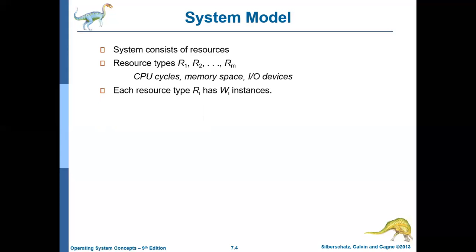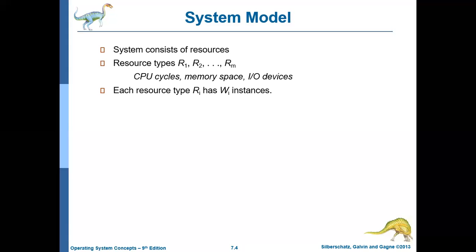Each resource may have more than one instance. It is not that every resource should have only one instance. That depends on the computer you are using. Sometimes a resource Ri may have Wi instances, and this Wi may be equal to one or more than one. For example, if my computer is connected with two printers, then I have two instances of printers. If my computer is connected with three scanners, then I have three instances of scanner.